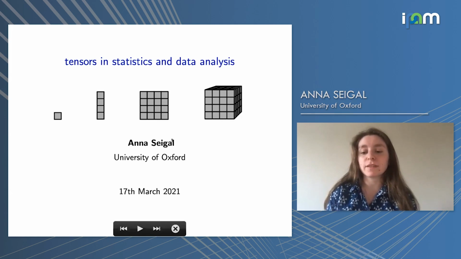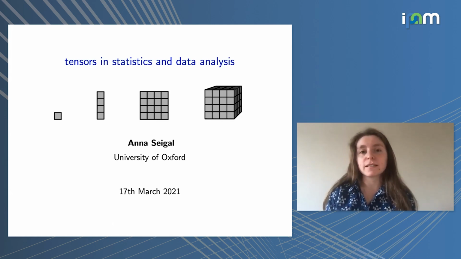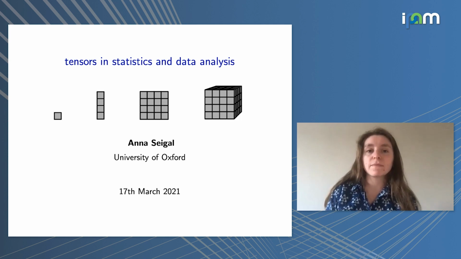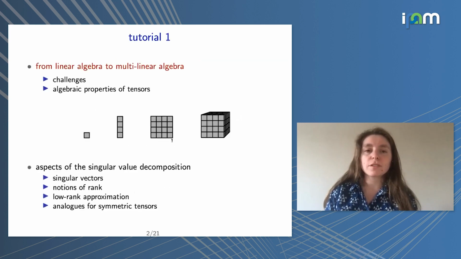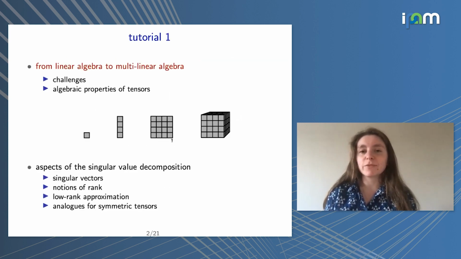Yeah, so my second tutorial, as Lieven said, will be about tensors in statistics and data analysis. Just to recap what I went through in tutorial number 1, although I won't be assuming that you were already using very much from my previous tutorial.